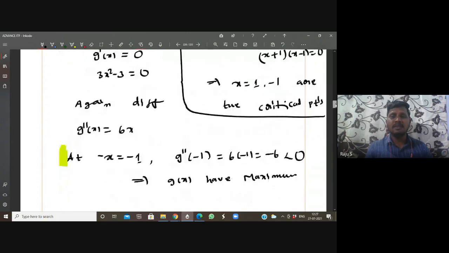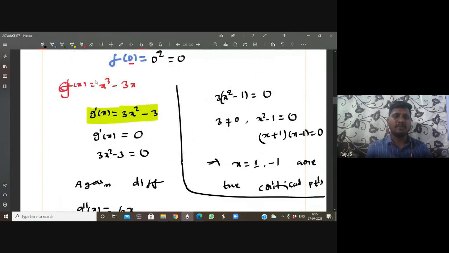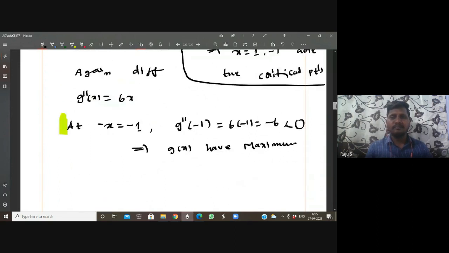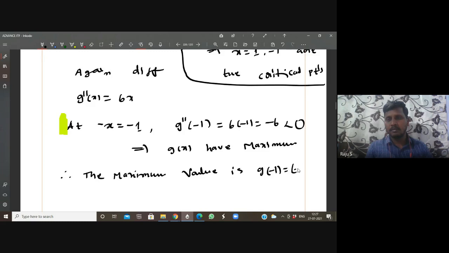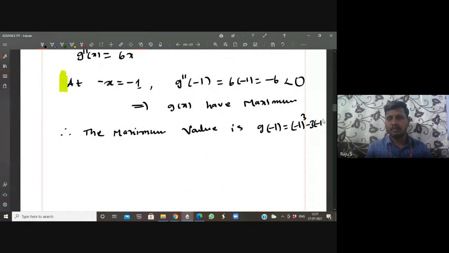The maximum value is given by substituting x is equal to minus 1 in the given function, g of x is equal to x cube minus 3x. Therefore, the maximum value is g of minus 1, which is equal to minus 1 cube minus 3 into minus 1.